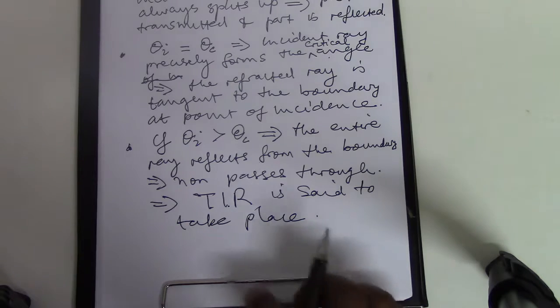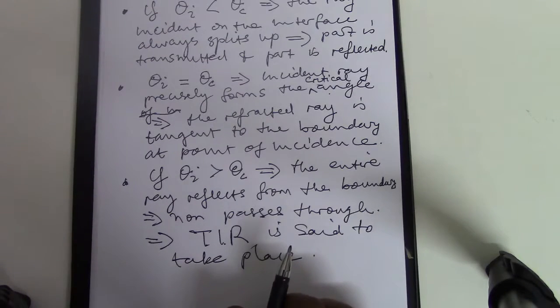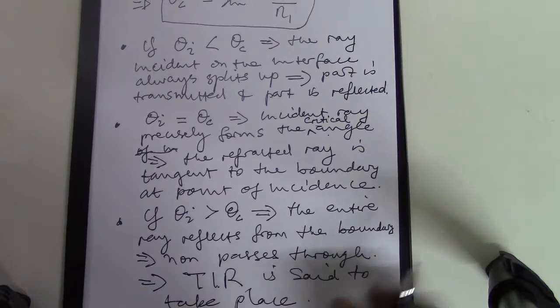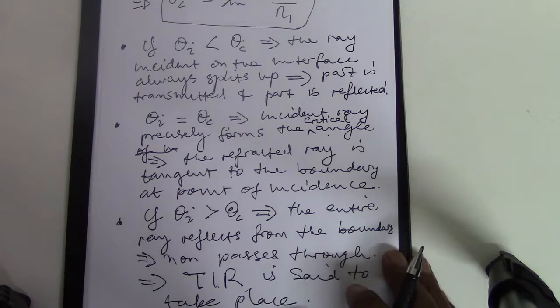Right. So in summary, as the angle of incidence increases, the refraction angle theta 2 also increases and approaches 90 degrees. And the fraction of the light energy transmitted decreases while the fraction of reflected energy increases. Now check.